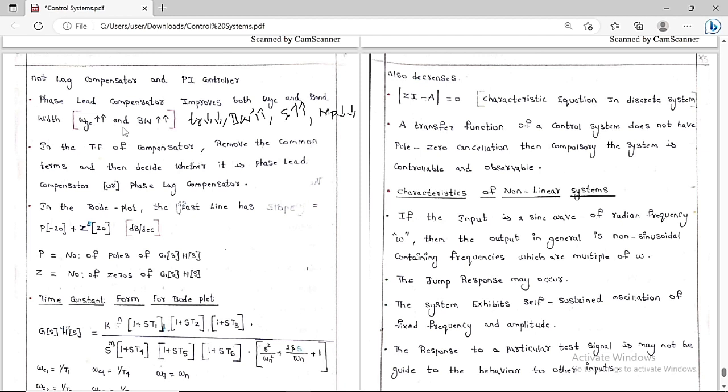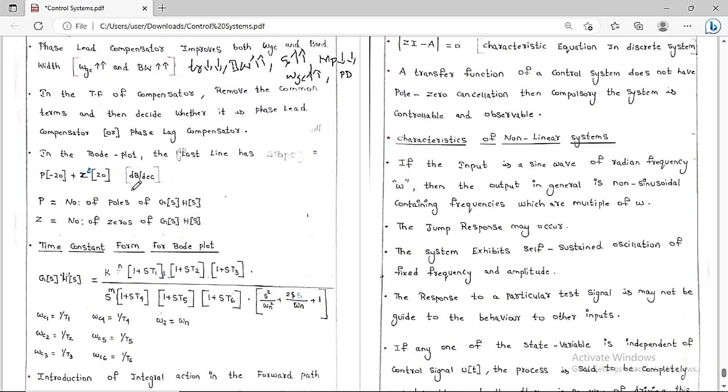So both are always inversely proportional, damping ratio and the peak overshoot. And also the gain crossover frequency is going to increase. And one more thing, this is nothing but a PD controller. These things I have already told you so many number of times.